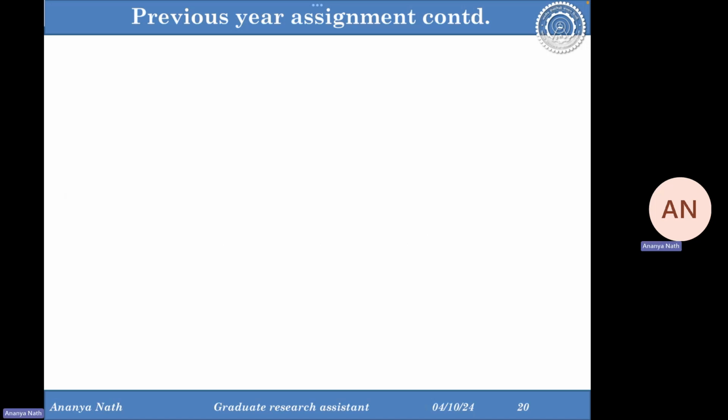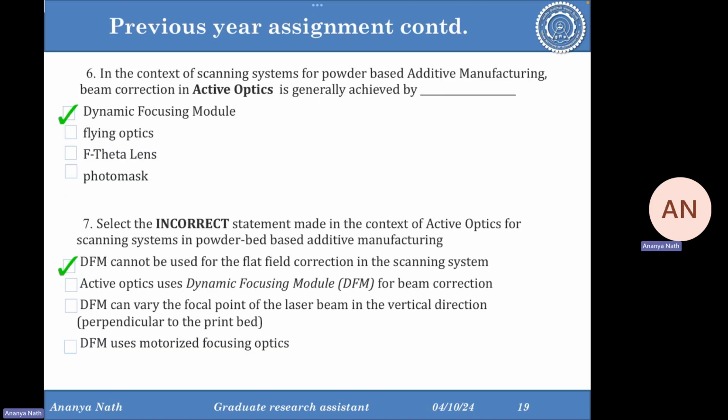So as DFM uses the focal point correction in the vertical direction, saying it cannot be used for flat field correction is not correct, because it can be used for flat field correction. Because if I am having flat field correction, it means in the xy direction I have the f theta lens or telecentric lens which will correct the beam, which will result in the focus from one corner to the other corner of the build plate.